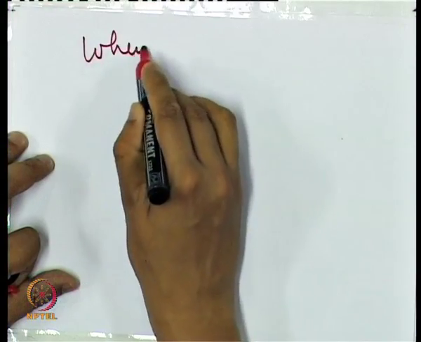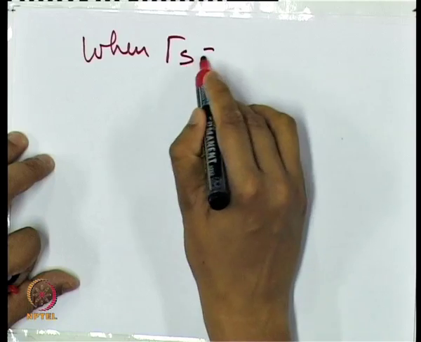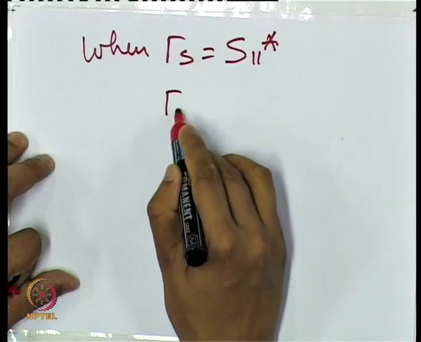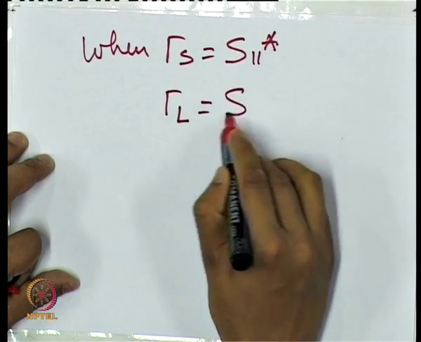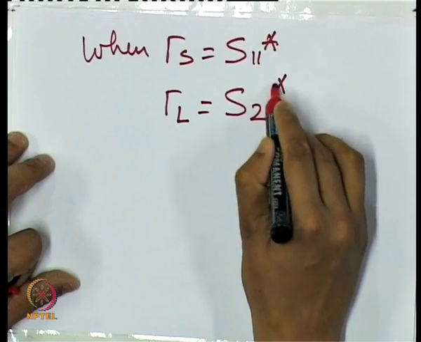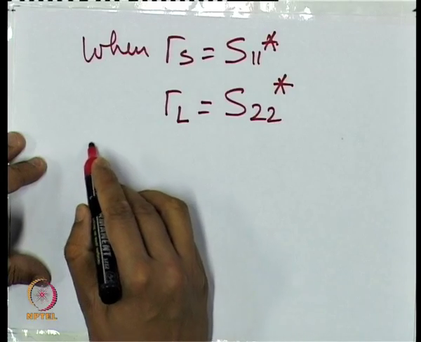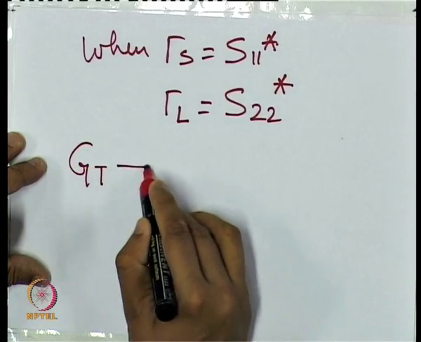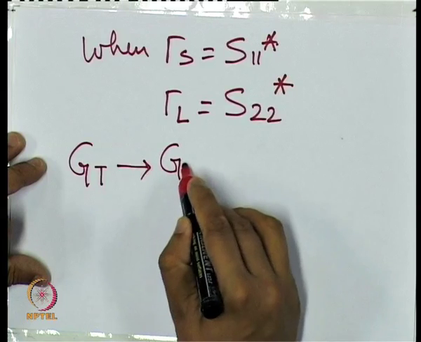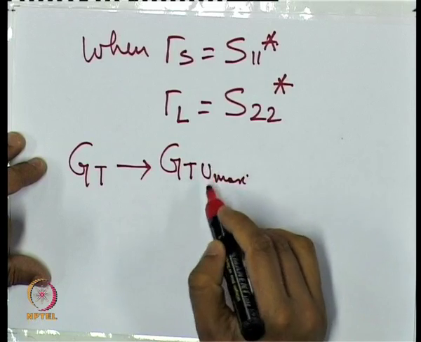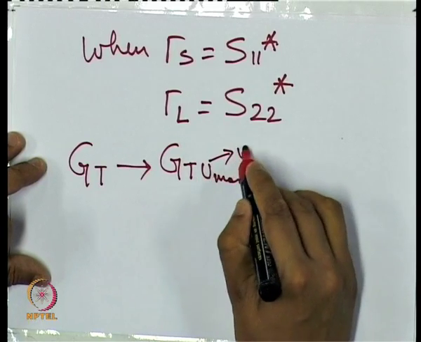We see that when gamma S is equal to S11 conjugate and gamma L is equal to S22 conjugate, then this GT reaches its maximum value, which I call GTU max. This U represents unilateral.